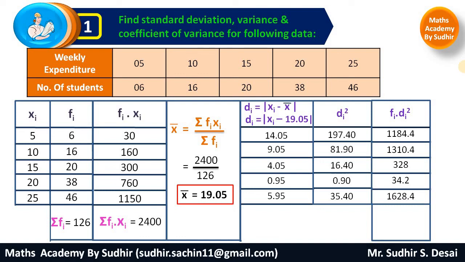So let's take the addition of the column which contains fi di square. Here we have already taken the sum of fi. So the only other column having frequency is fi di square, whose addition we are supposed to take. So the sum of fi di square, adding each element of this column, gives 4485.4 using a calculator. Okay, so all the columns are calculated.